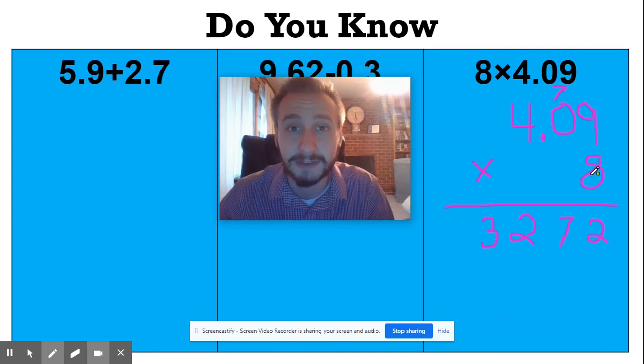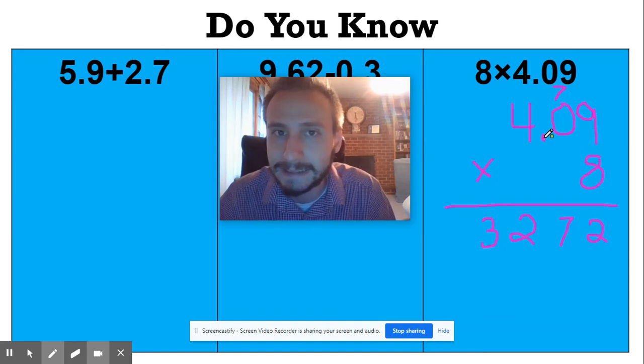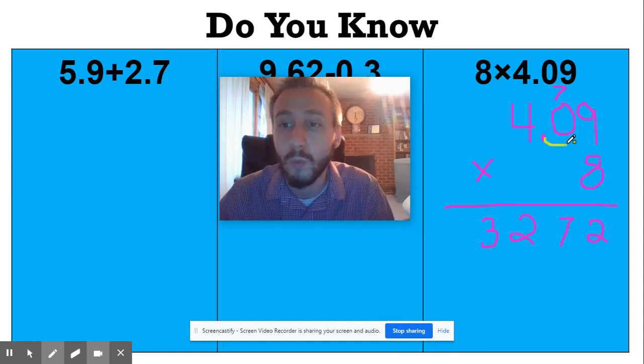To figure out where the decimal place goes, you need to look at each factor and count how many place values are behind the decimal in each factor. So 4.09, here's our decimal. How many place values are behind this decimal? 1, 2.